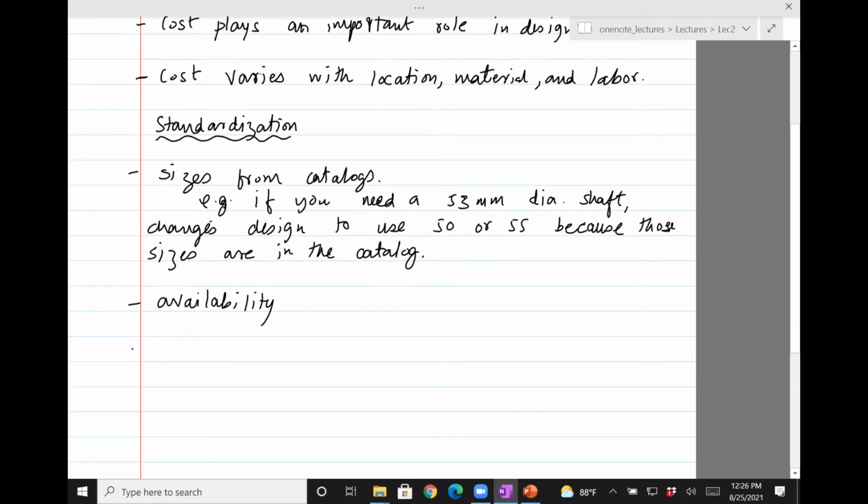Maybe there are discounts for certain things, like 50 might be cheaper because it's made by many vendors. So that way you can bid and then you can get a discount. Okay, so this all applies when you are thinking of mass production. If you're thinking of making one product and you're not going to mass produce it, then maybe you don't have to go through this.